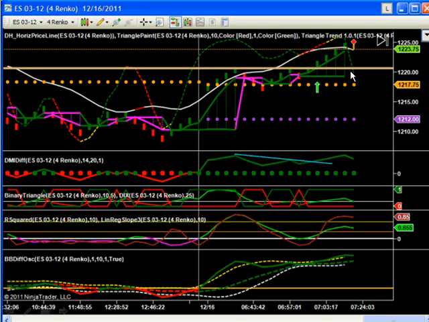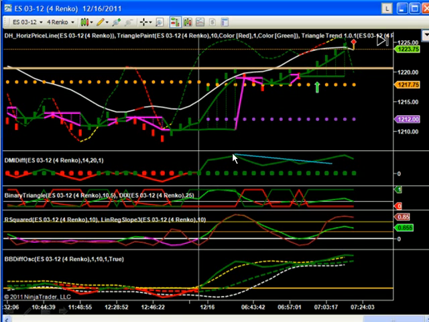I knew when I put the order in advance, when that level was hit, I would get a good fill there, which I did, and went long on this bar here. And then we got into this overbought condition right here, so I got out of the trade right up in here.